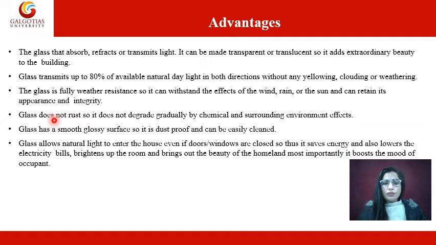Glass is fully weather resistant, so it can withstand the effect of wind, rain or the sun and can retain its appearance and integrity. Glass allows natural light to enter the house even if doors are closed, thus it saves energy and lowers the electricity bill, brightens up the room, and brings out the beauty of the home. Most importantly, it boosts the mood of the occupants. So these are some advantages of glass.